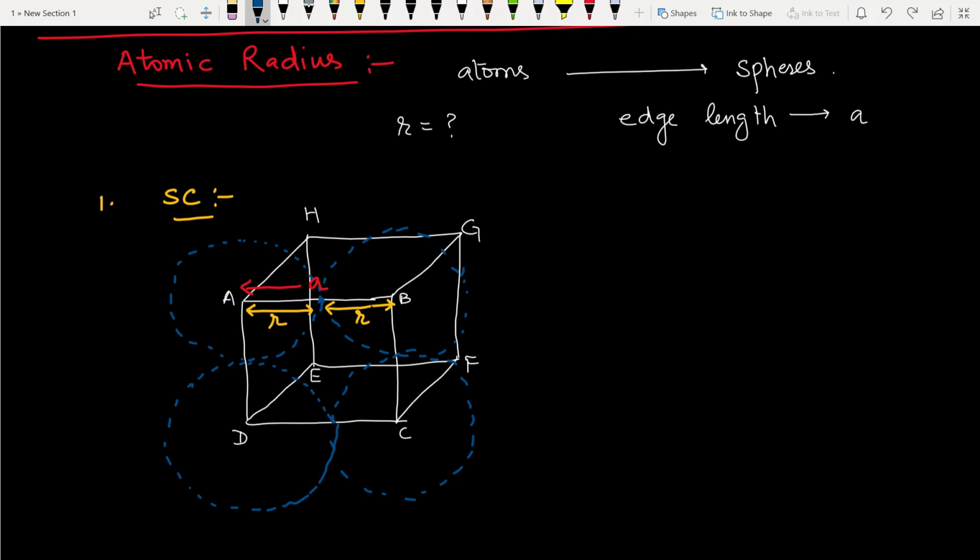So these are clearly visible to you. So for the edge AB, it is clear a is equal to R plus R. So 2R is equal to a. So R is equal to a by 2. So this is the atomic radius of an atom which is present in simple cubic arrangement.